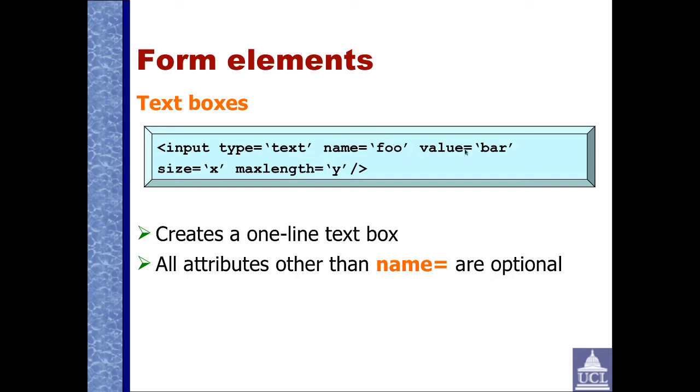We can give a default value, and we can say a size, so that's going to be a width, and also a maximum length, which is the maximum number of characters that can be entered into the box. All of these attributes, other than the type equals text, obviously to specify that this is a text box, and the name, are optional.